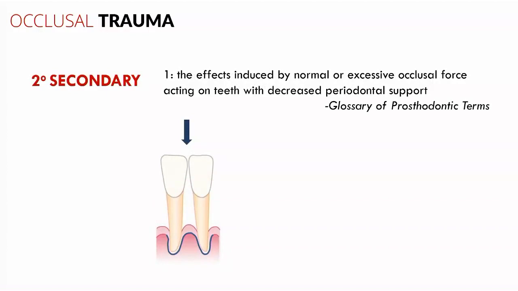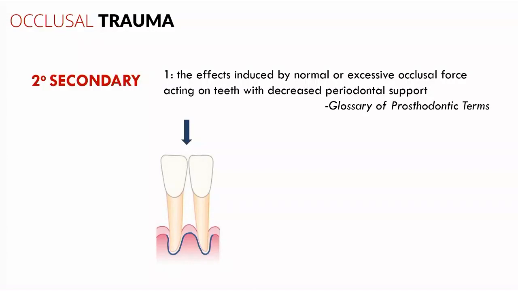Something is what we consider secondary occlusal trauma if the bony support around the teeth has been lost. So you think about a tree, right? If you dig up all the dirt around the tree and then you go shake the tree, it's going to feel loose, right? Why does the tree feel loose? It's because you dug up all the dirt around it and there's not as much support in that root structure, right? So that's what secondary occlusal trauma is. It doesn't matter if the force that you're applying to it is excessive or normal.